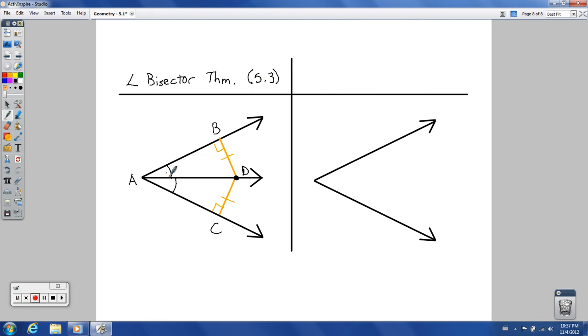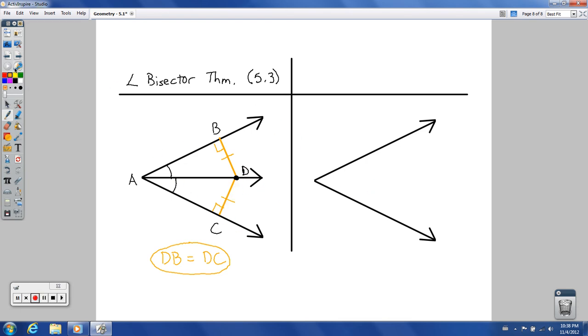And so it says if the stuff in black is true, then this, what I have in orange, put this in a different color on yours, this has to be true as well, that DB equals DC. And notice again, DB is the perpendicular segment. It's the distance from D to this ray. It's the distance from D to the other ray, forming the angle.